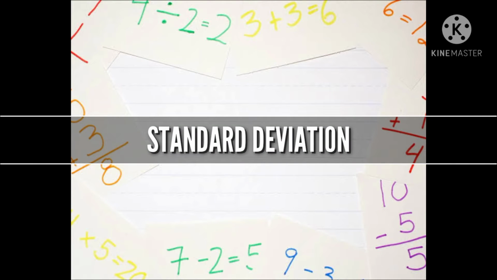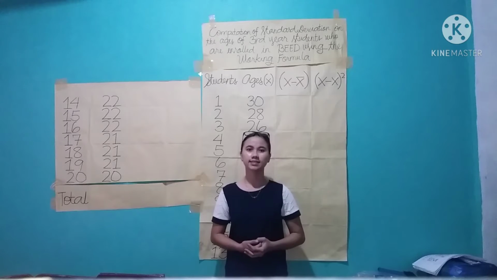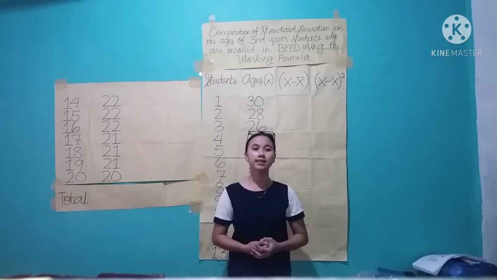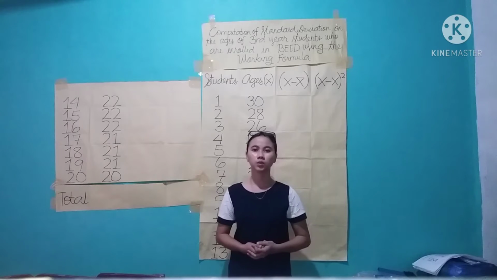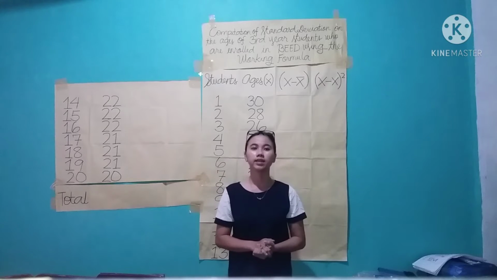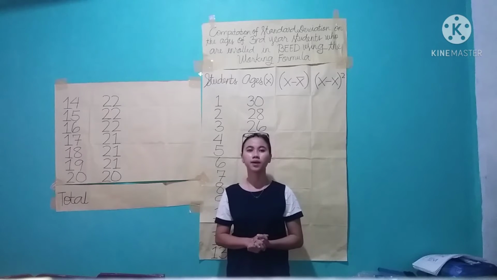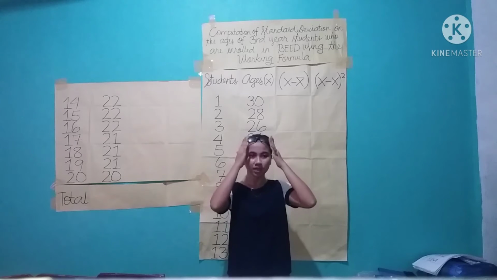What is standard deviation? Standard deviation is a statistic that measures the dispersion of a data set relative to its mean. The standard deviation is calculated as the square root of variance by determining each data point's deviation relative to the mean.